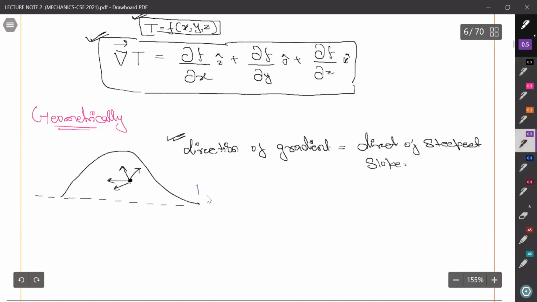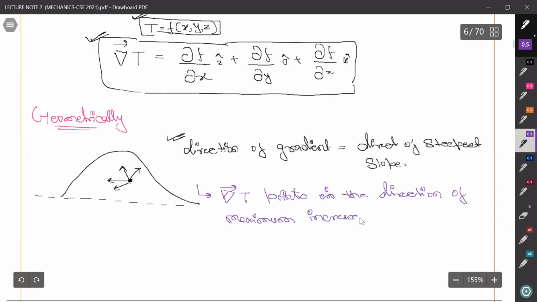In general, we can write this down: gradient of t points in the direction of maximum increase of the function, which is t here in our case.